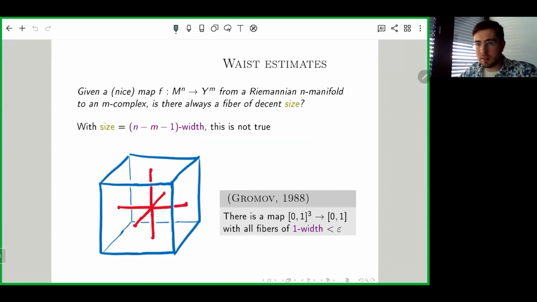Since this example of Gromov is very important and appears everywhere, let me briefly explain it to you. First, think of this unit cube, maybe we'll rescale everything, so the unit cube will become a huge cube in R3. And in the same R3 where my huge cube lies, I will consider two cubical grids.